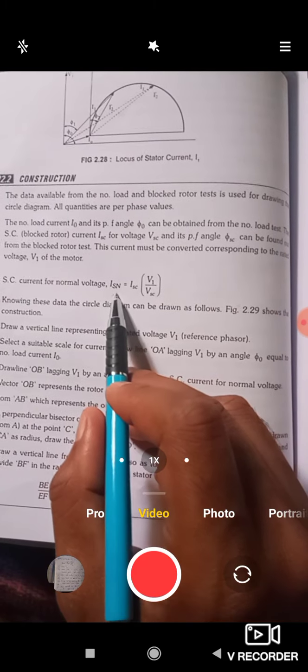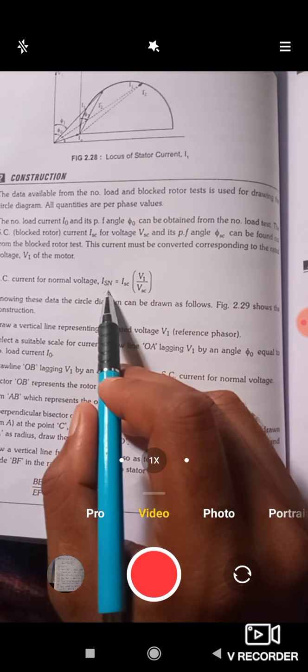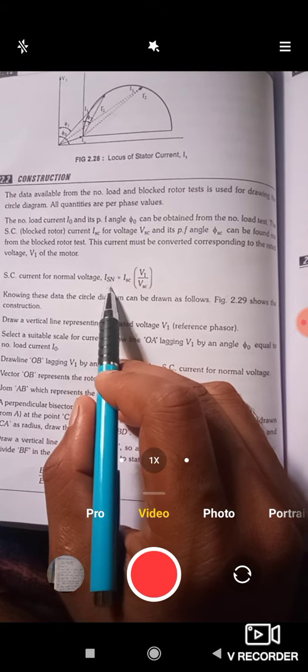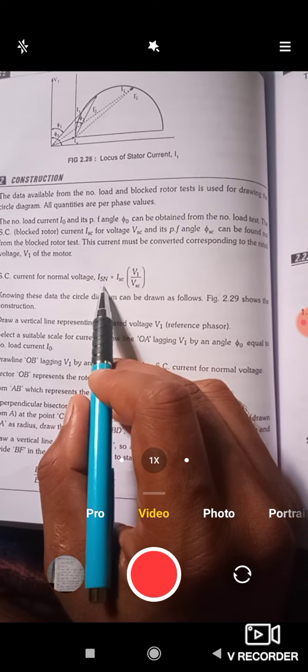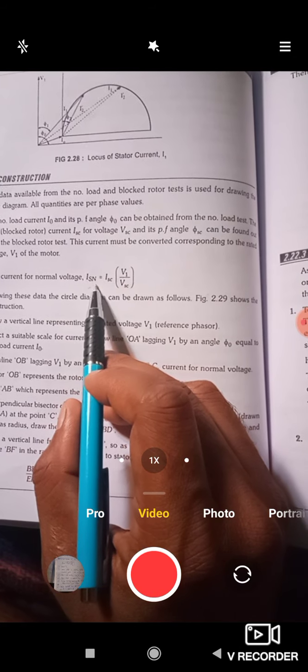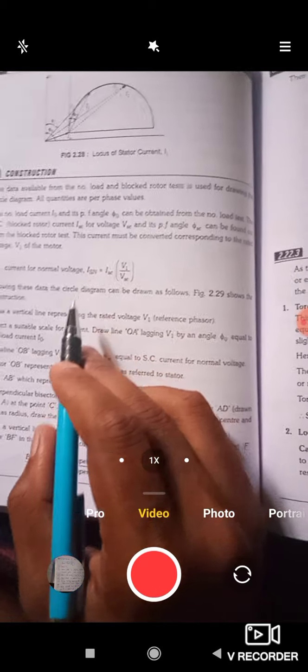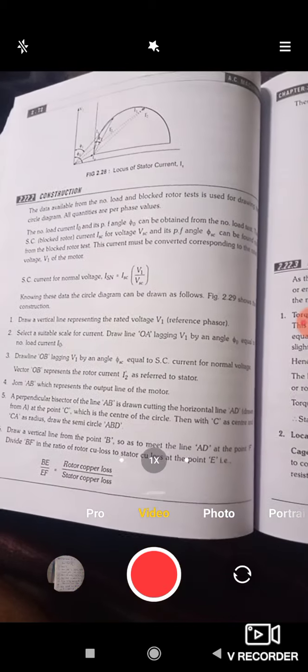If this is around 30 amperes, then we can take 1 centimeter equal to 1 ampere. If it is 40, 50 or 60, then we have to take 1 centimeter equal to 2 amperes. So you have to take a suitable scale.